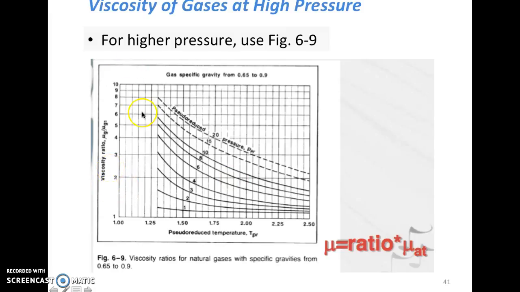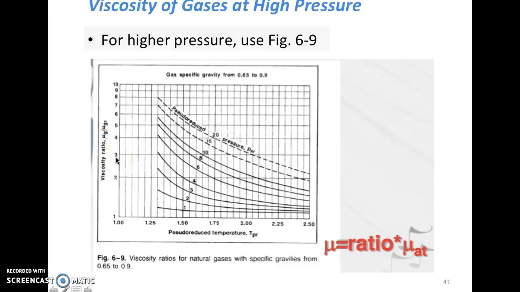If you have the pseudo-reduced temperature and pseudo-reduced pressure, which you already learned how to calculate from chapter 3 using the Z factor, you calculate the pseudo-reduced pressure and temperature using the pseudo-critical pressure and temperature and the reservoir temperature and pressure, and you should be able to calculate the viscosity ratio.